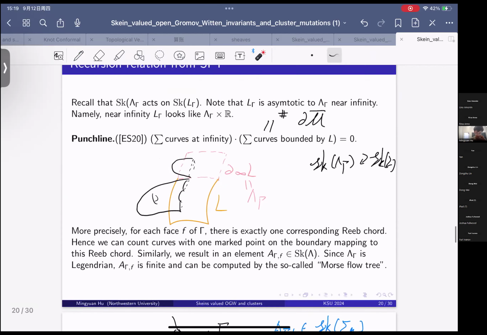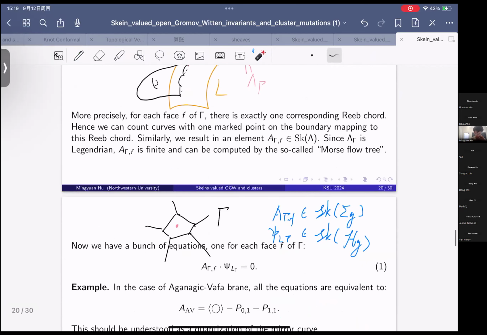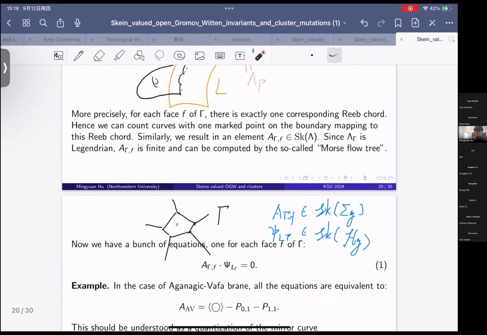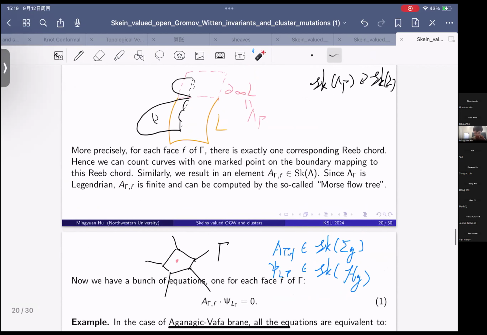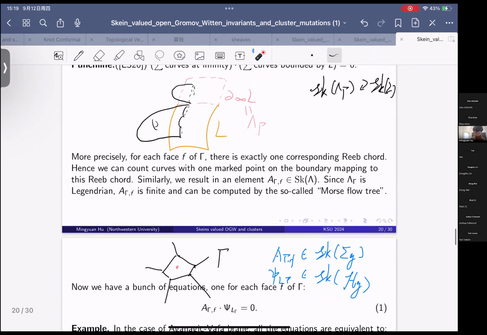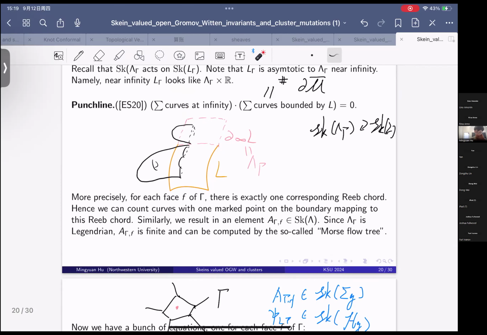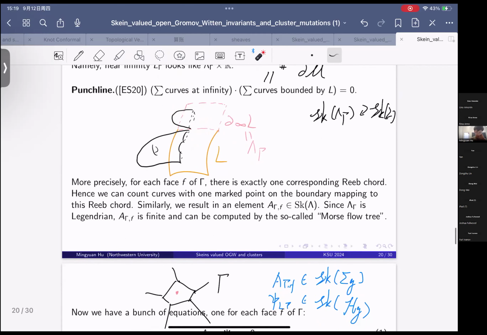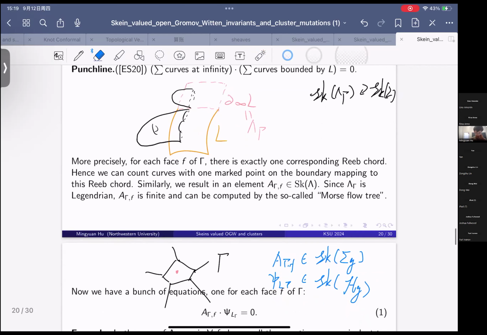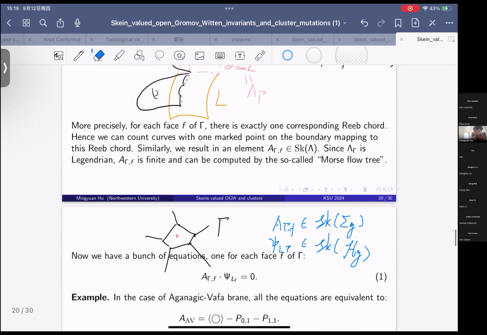So by this recurrence relation, for each face f of this gamma, we get an equation. Any questions for that? I skipped lots of details, but that's a rough idea. The punchline is that because L is cylindrical, counting at infinity gives you a recurrence relation, so for each face you get a skein-valued equation.